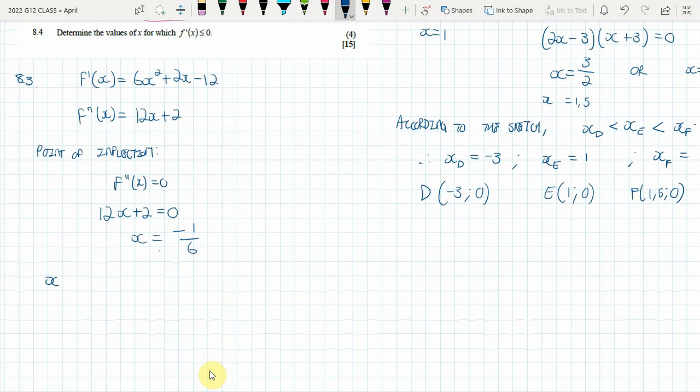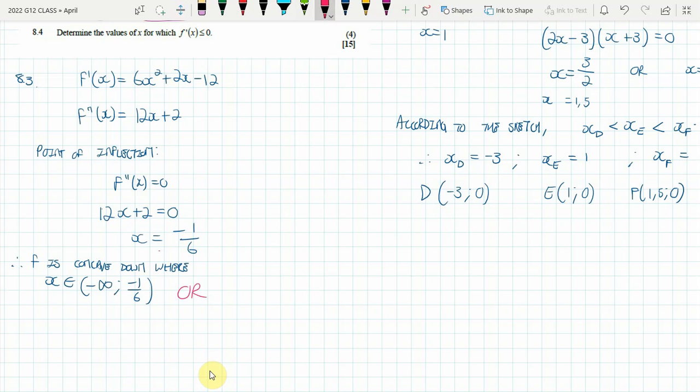I hope so. Therefore, f is concave down where x is numbers from negative infinity up to -1/6, or we can write this in inequality notation and just say x is less than -1/6.